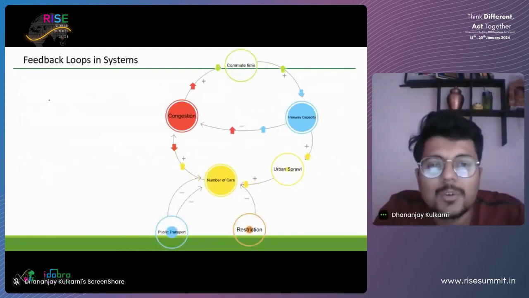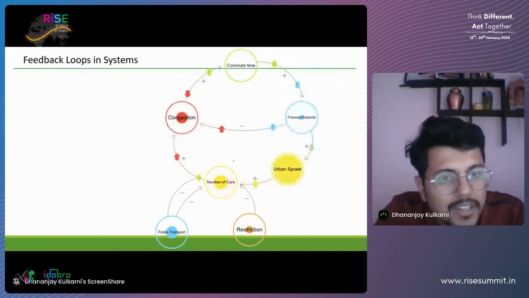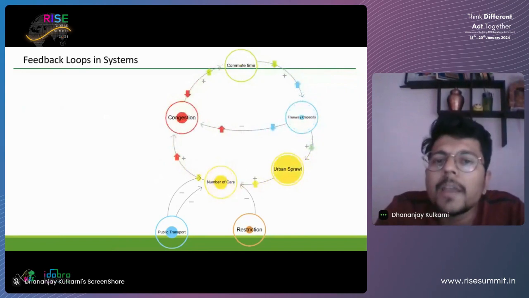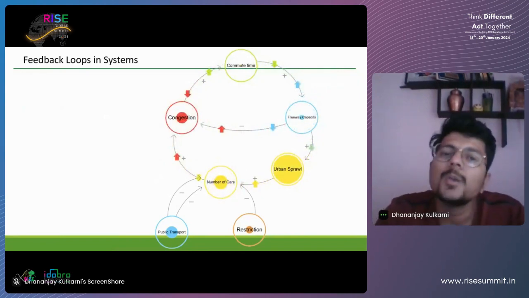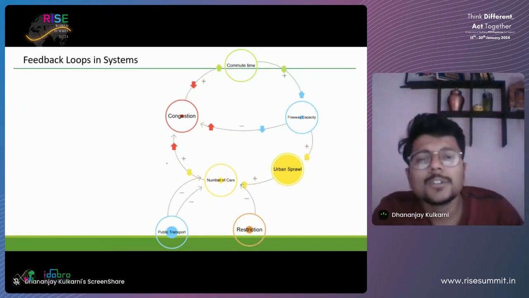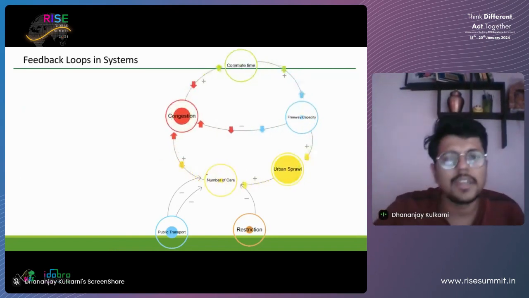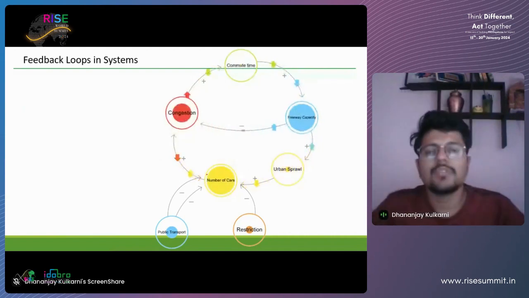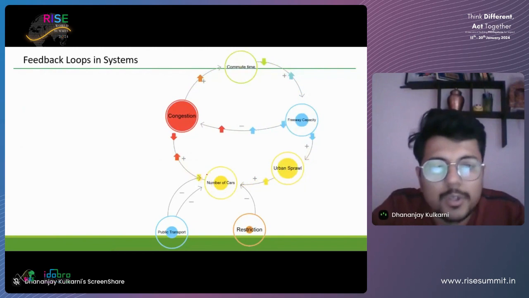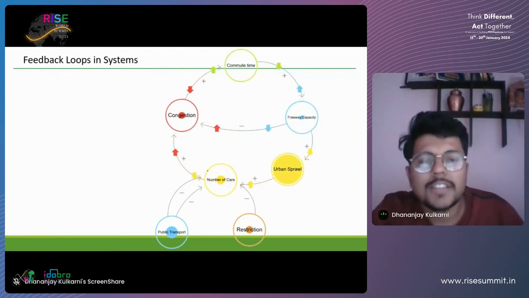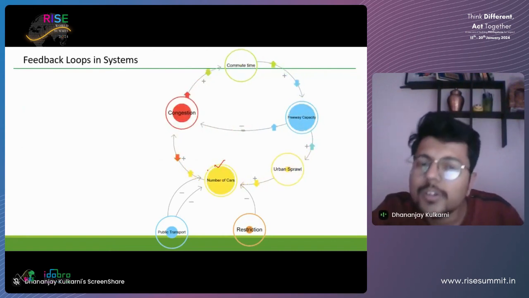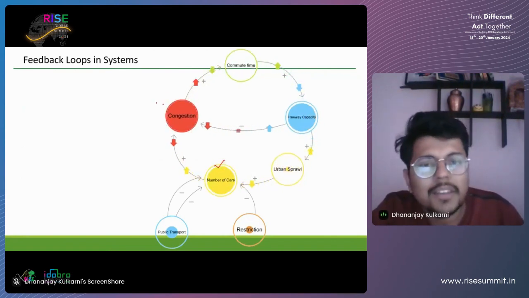So when we talk about the feedback loop, as a definition we have seen over here, what is a feedback loop? There are multiple elements interacting in a system, as we talked about. Just a small example. In systems thinking, you can see this kind of complex maps, right? Here I'll just explain two points and then we can move ahead. Let's say we take the number of cars in a city and the congestion.